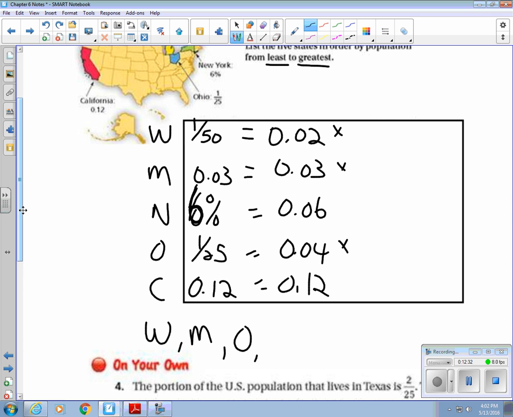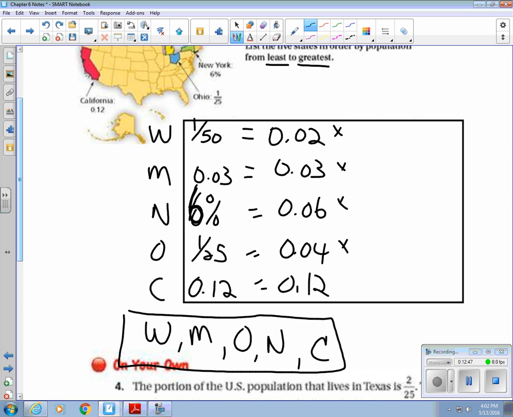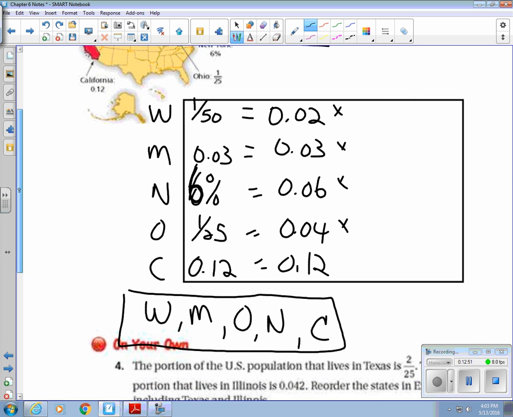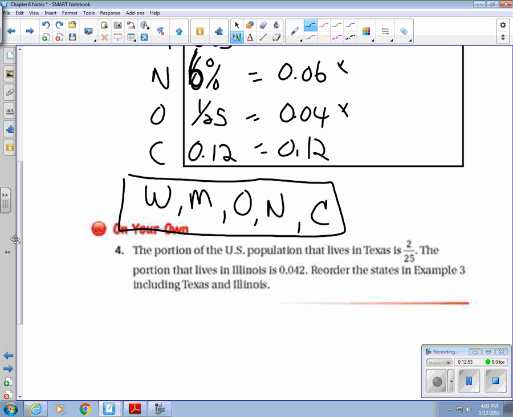Next smallest would be 0.06, which is New York. And then the largest would be California with 0.12. Now I abbreviated, but this would be my answer because they asked to order the states from least to greatest. They didn't ask for the numbers, they asked for the states. So I went ahead and did that.